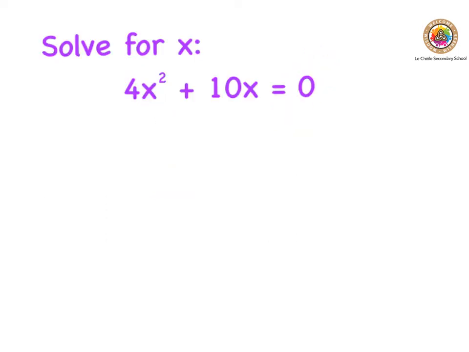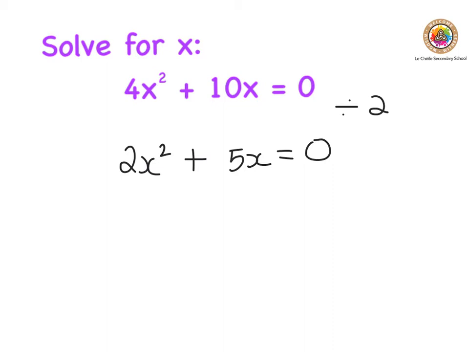Okay, here's our first example, and we're to solve for x. If I note here, there's a few things. 4 and 10, 2 goes into both of those. So I'm going to divide across by 2, which is going to give me 2x squared plus 5x is equal to, well, 0 divided by 2 is still 0.